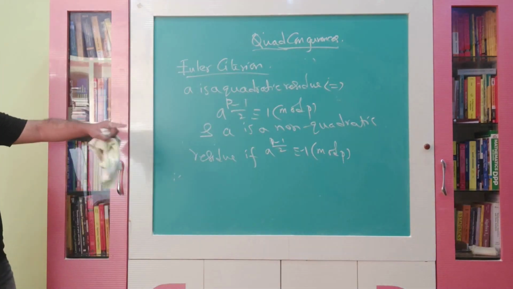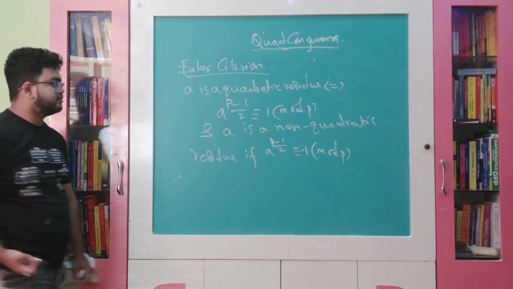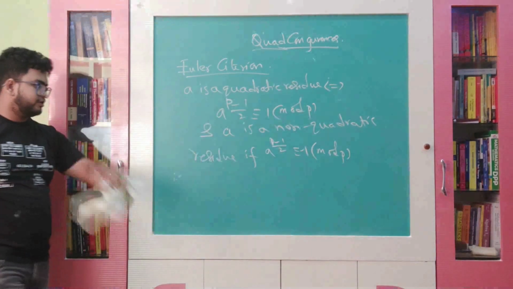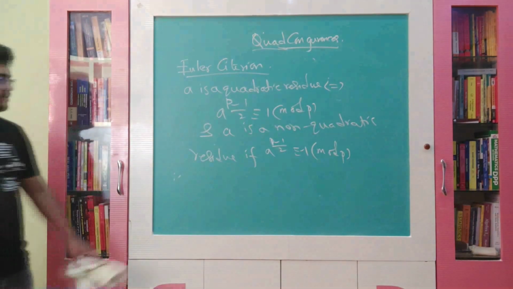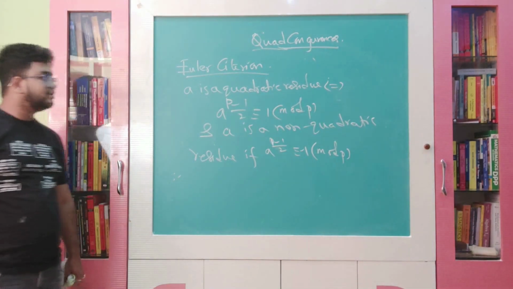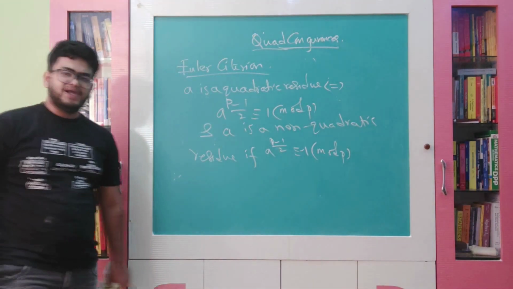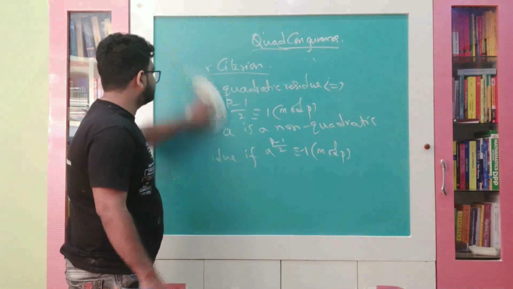So a is a quadratic residue if and only if a^((p-1)/2) is congruent to 1 mod p, and a non-residue if it is congruent to minus 1 modulo p. Okay.